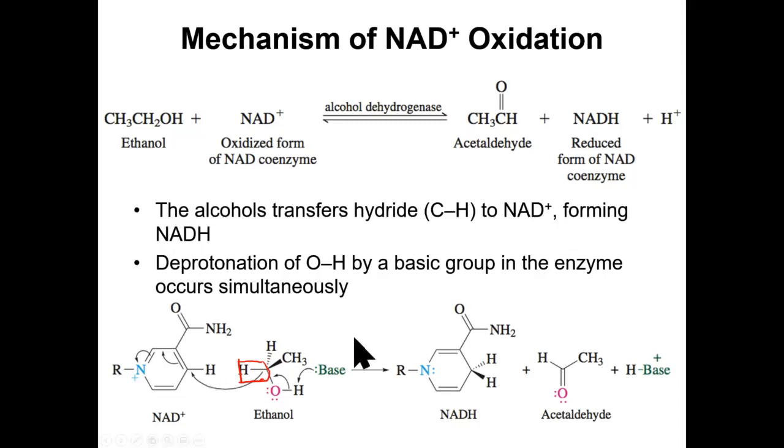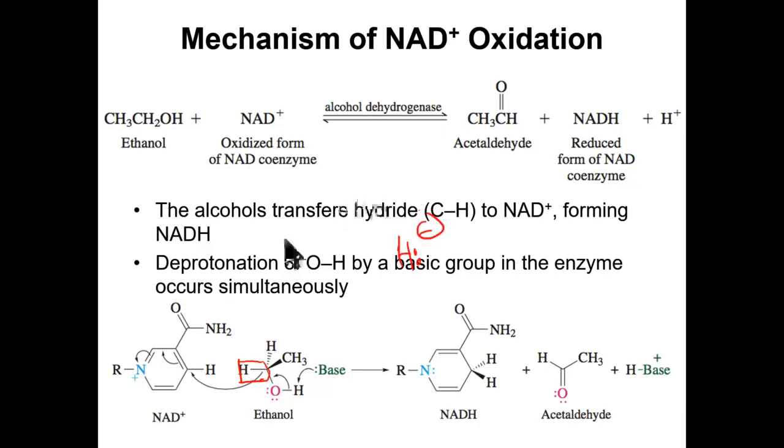This reaction, without the presence of NAD plus, would be horrible. It will not really happen because hydride is a horrible leaving group. Leaving group quality is generally associated with its basicity. A more basic leaving group is a worse leaving group, and the hydride ion is exceedingly basic.